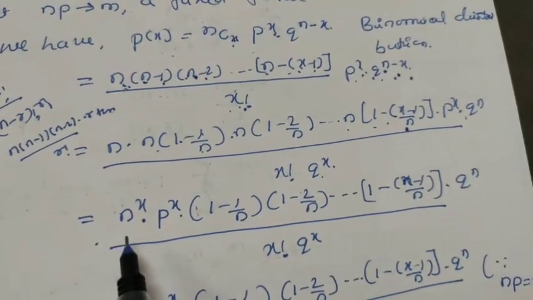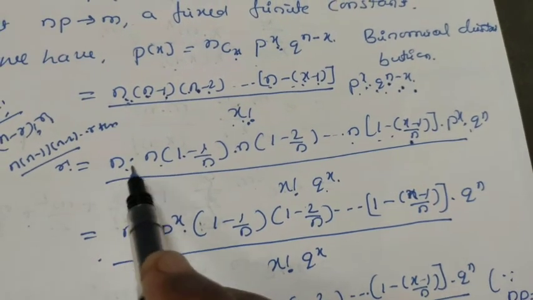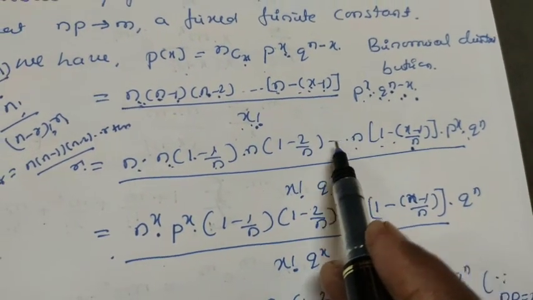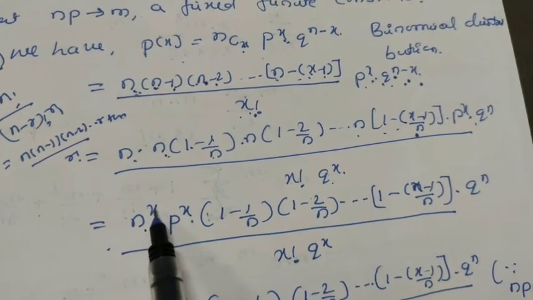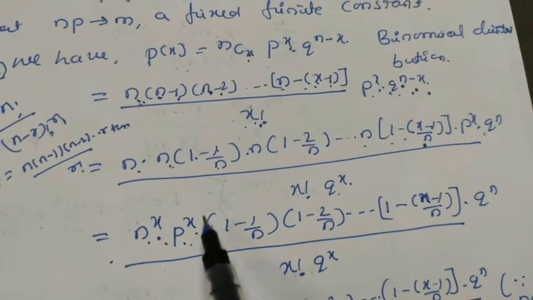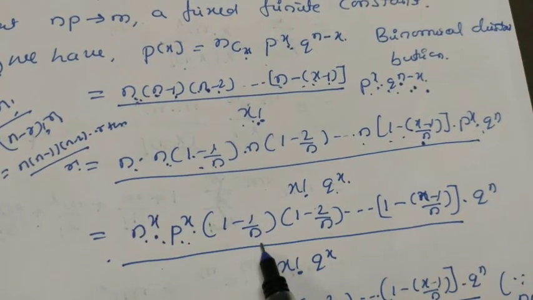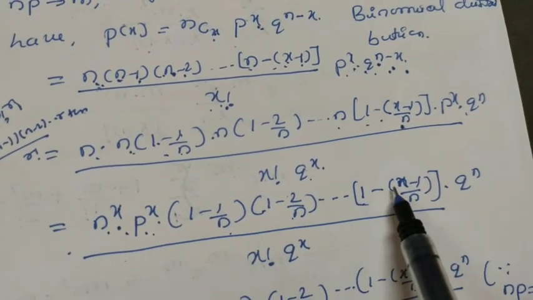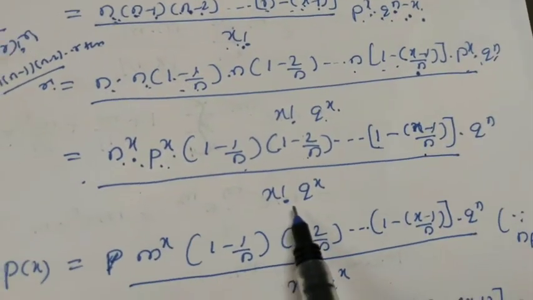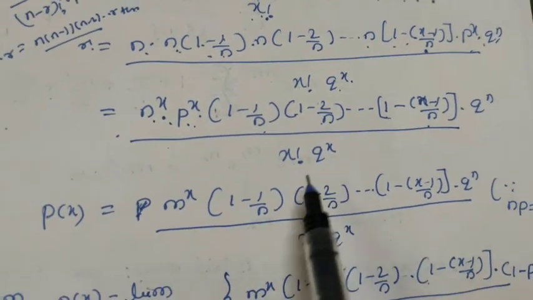So it is equal to n into n etc. up to n, x number of times. So we can take n raised to x into p raised to x as it is, and write the remaining terms 1 minus 1 by n, 1 minus 2 by n, etc. up to 1 minus x minus 1 divided by n, and this q raised to n as it is, x factorial into q raised to x.